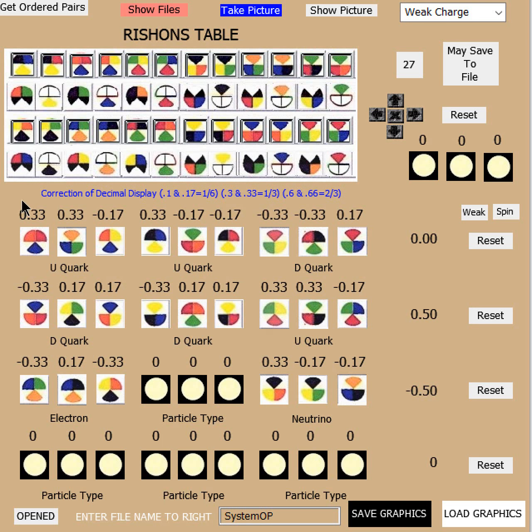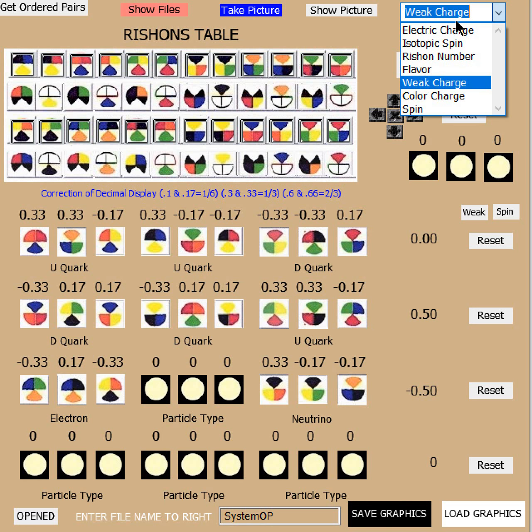Now on the T, we know we assigned T itself equals 1. And the electric charge is defined as T divided by 3. So we have 1 divided by 3, and as we can see in this example, that gives us 1/3 for the electric charge of this generic Rishon, this T.